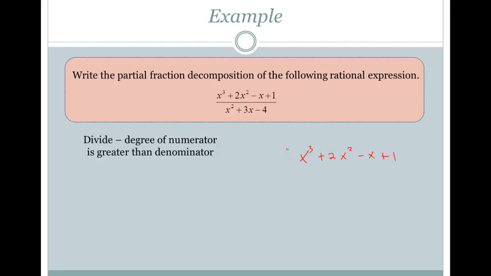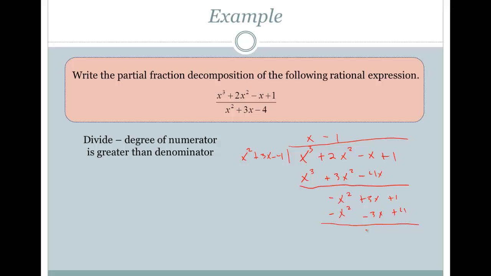Plus 1, all divided by x squared plus 3x minus 4. I'll get an x cubed plus 3x squared minus 4x. Need to subtract: minus x squared plus 3x plus 1 minus 1, minus x squared minus 3x plus 4.